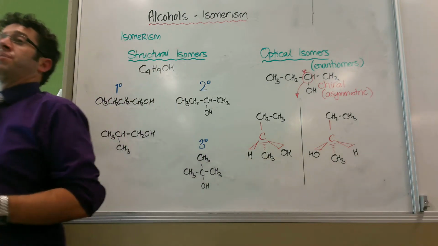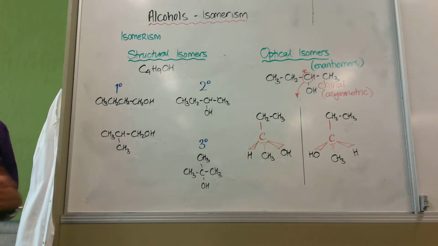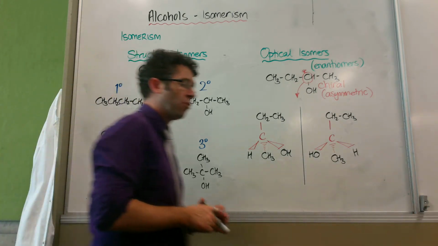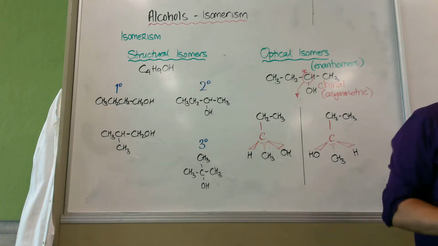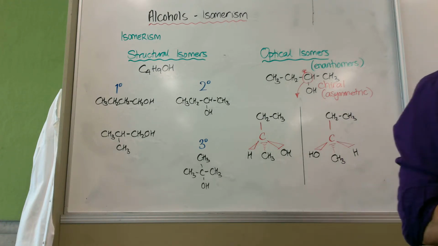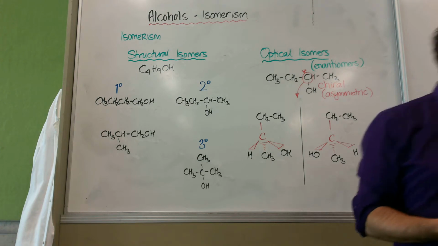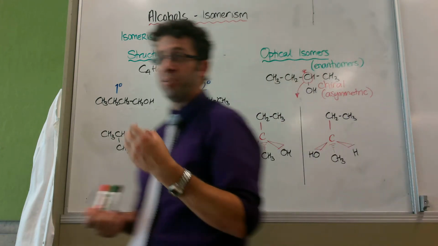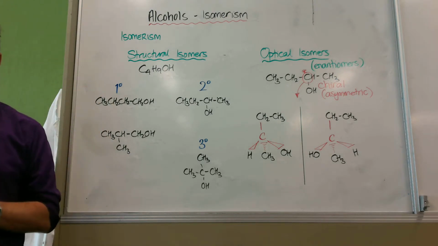Well, so what, to be honest, because they have exactly the same chemical properties, by the way. Same density, same boiling point, same melting point, same chemical reactions. So what? Well, the so what is about 2 things. One is you can actually tell them apart if you have pure solutions of both of them.